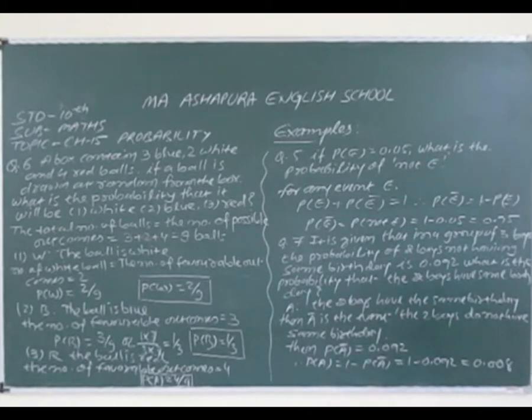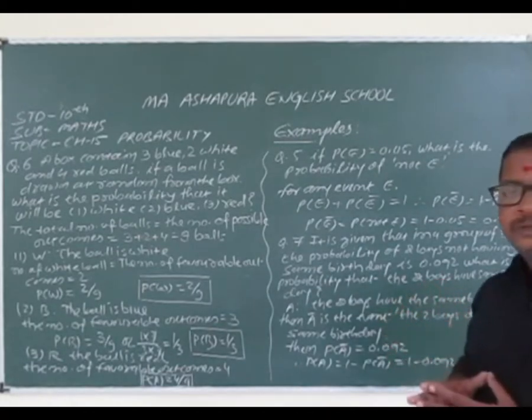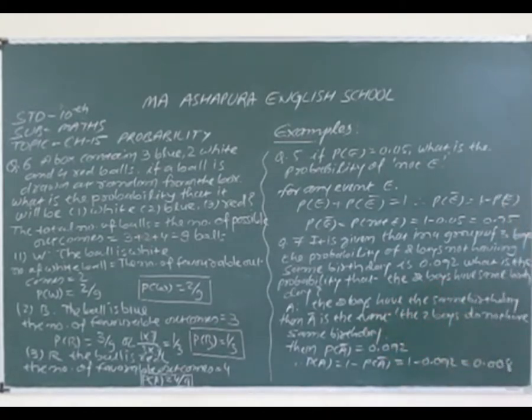So dear students, here we discussed 3 examples from your textual examples and exercise. Question number 6, where a box contains 3 colors of balls, blue, white and red, and we find the probability when we draw a ball randomly and get a white ball, blue ball and red ball.